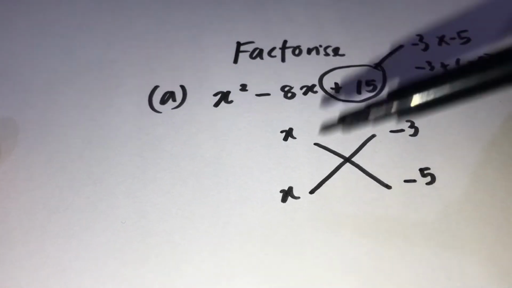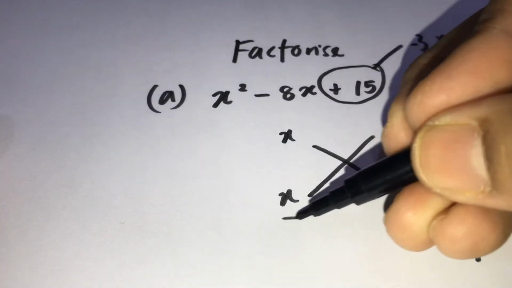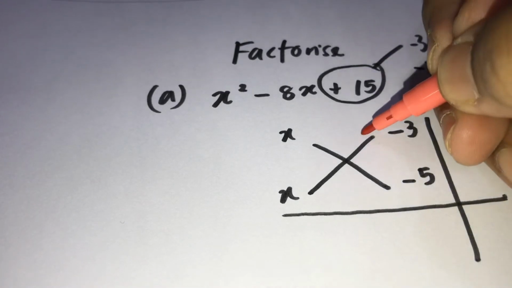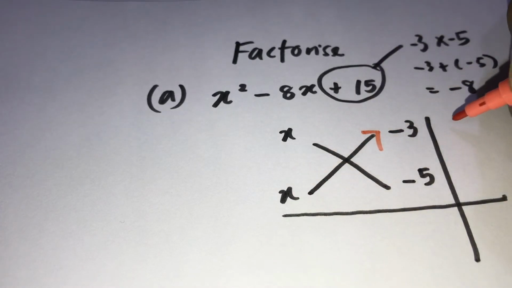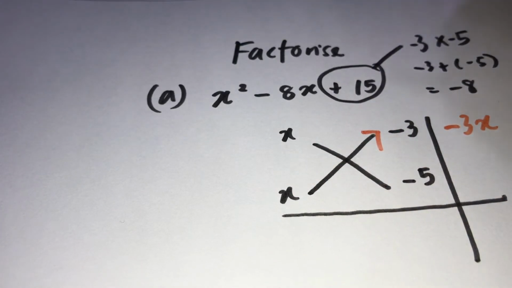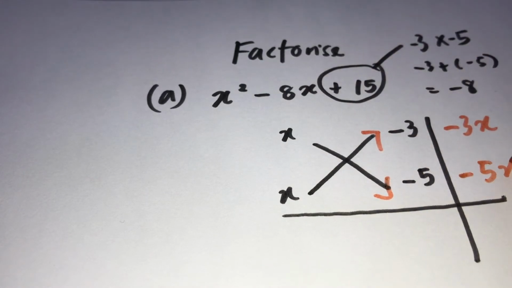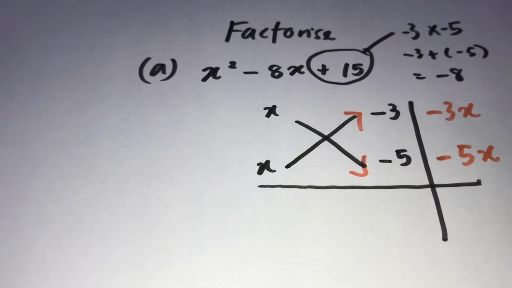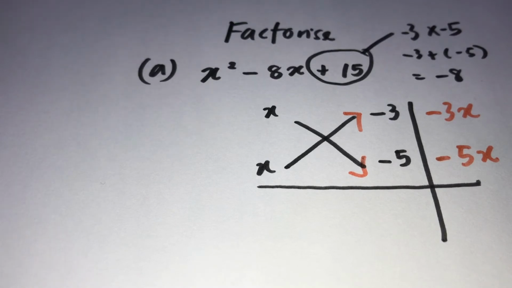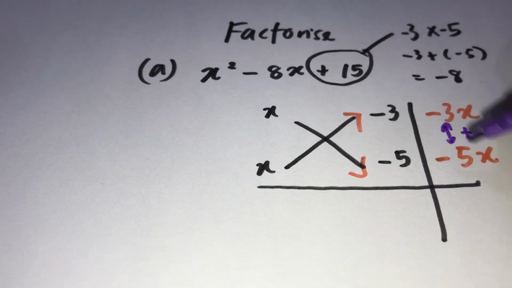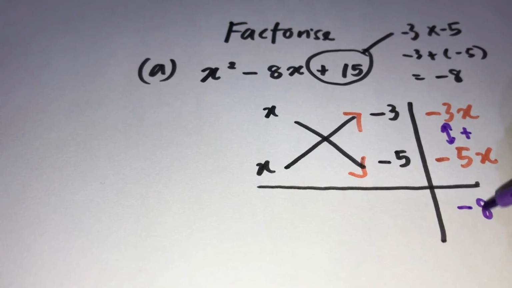Then you cross. X times negative 3, you get negative 3x. X times negative 5, you get negative 5x. Here you plus, this one always plus. Negative 3x plus negative 5x, you get negative 8x.